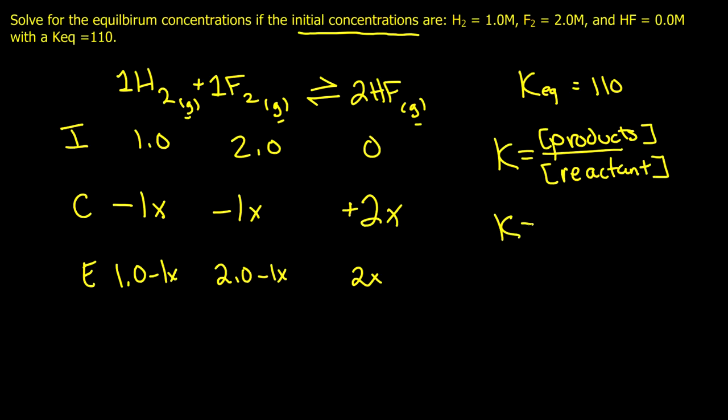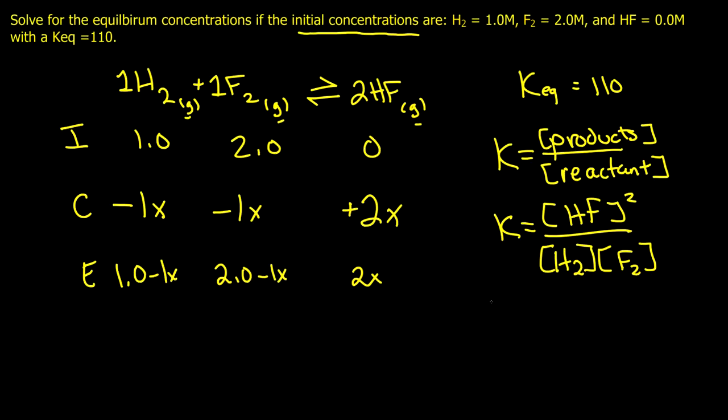What's my product? My product is HF. So the concentration of HF, raised to the second, over the concentration of H2 to the first, times the concentration of F2 to the first. So there's our formula.